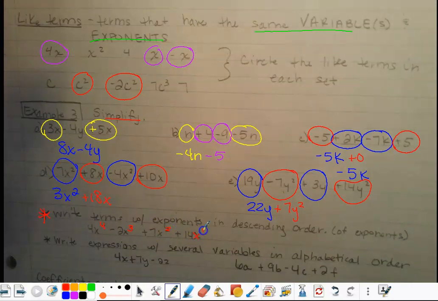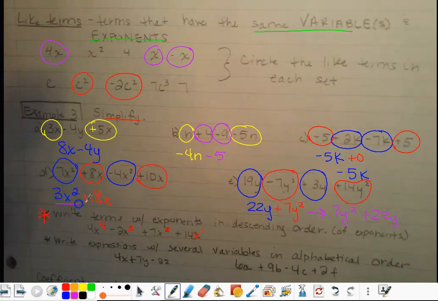Because its exponent is 1, we just don't write it. So with that being in mind, this problem here, we would actually write as 7y squared plus 22y. The rest of them are fine, right?